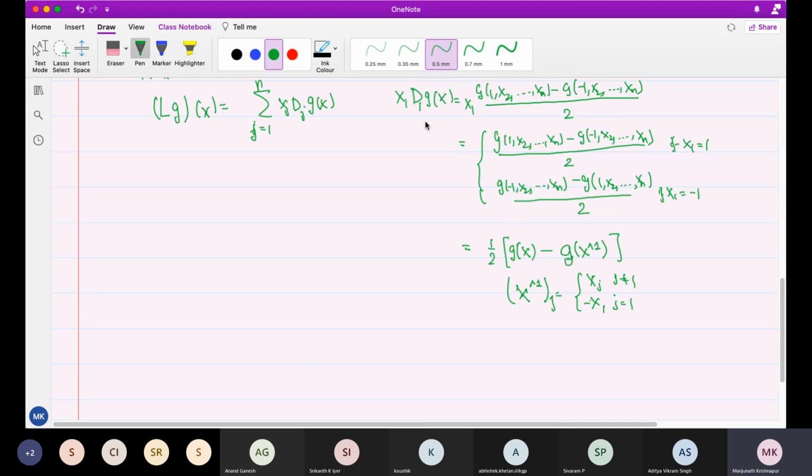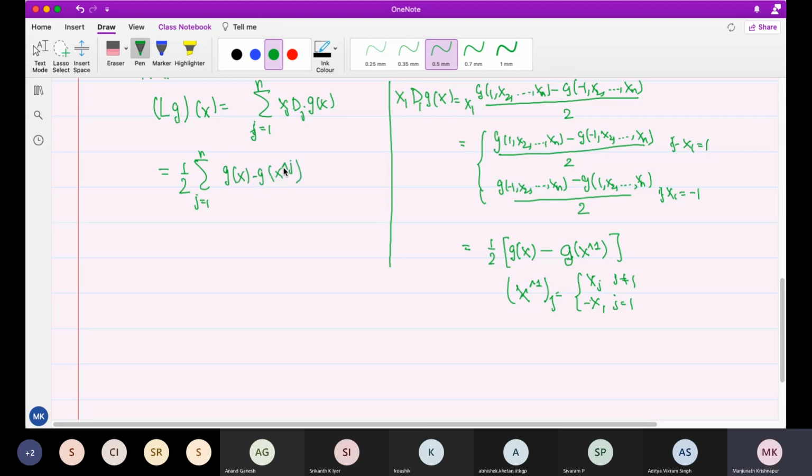So xj times d1 dx1, this I have done for 1, but that's the same for any coordinate, right? So what we have here can be written as 1/2 the sum over j equals 1 up to n of g of x minus g of x wedge j.